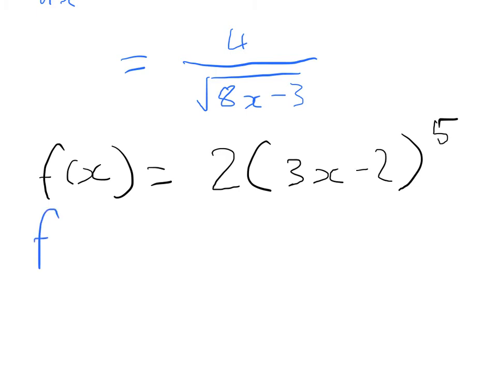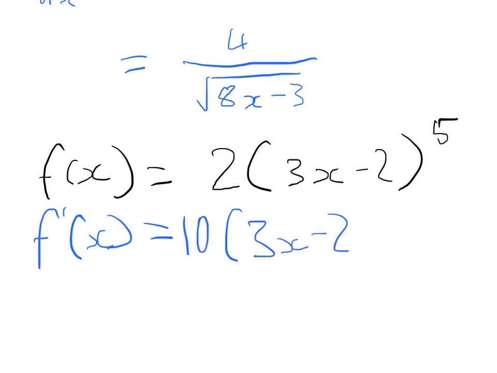So f dash of x equals, well, we do the first part first, the 2 times something to the power of 5. It's going to be, sorry, it's not 2, it's going to be 10 lots of 3x minus 2 to the power of 4, and then times, differentiate that, times 3.